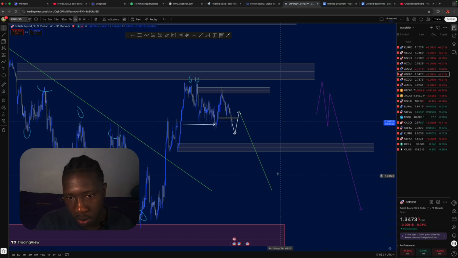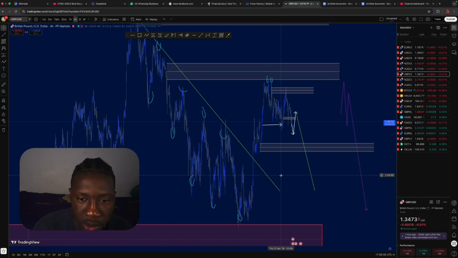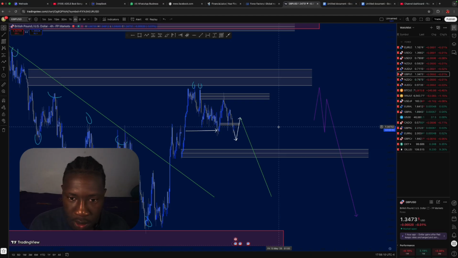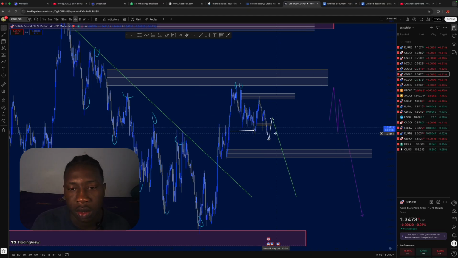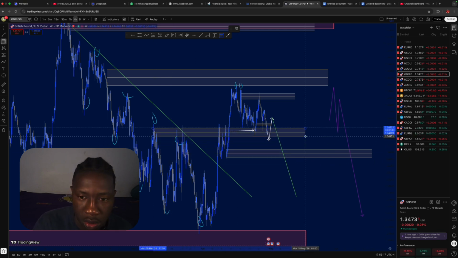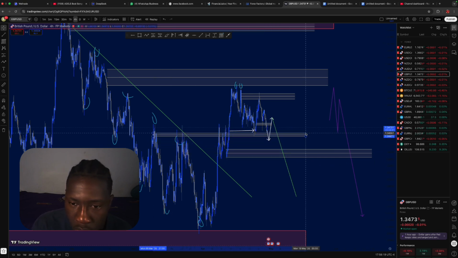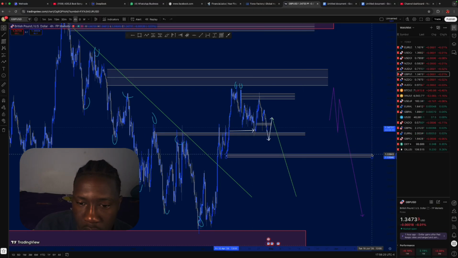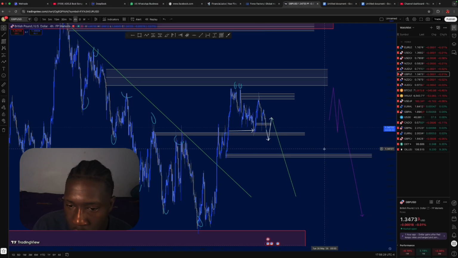This is the structure that I'm looking for on GBP USD, for me to say yes, we can continue to take the market low, and also we have this zone and this zone.